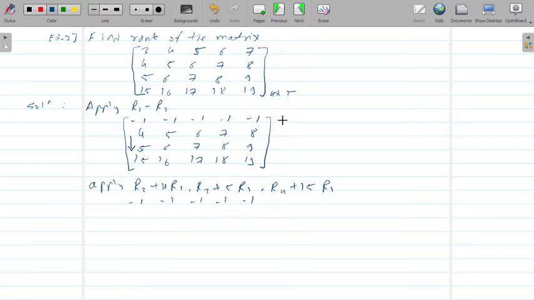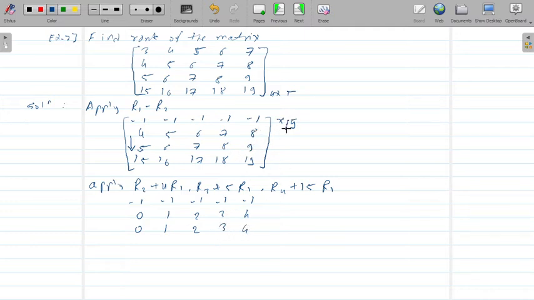Now you are multiplying the R1 entries by 4, so 4 minus 4 becomes 0, 5 minus 4 is 1, 6 minus 4 is 2, 7 minus 4 is 3, 8 minus 4 is 4. Next you are multiplying R1 by 5 and adding to the R3 row, so 5 minus 5 is 0, 6 minus 5 is 1, 7 minus 5 is 2, 8 minus 5 is 3, 9 minus 5 is 4.